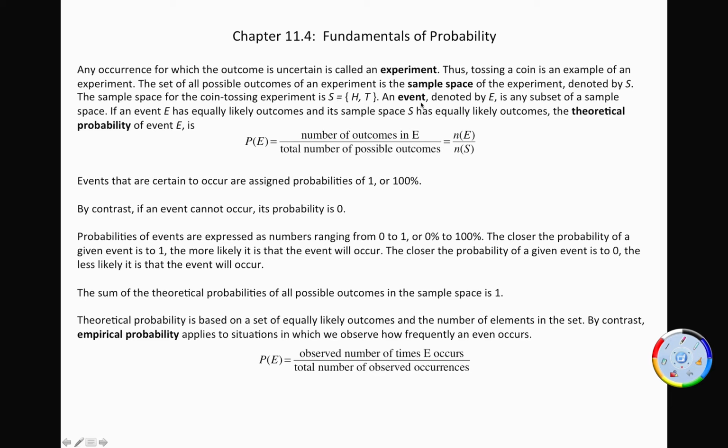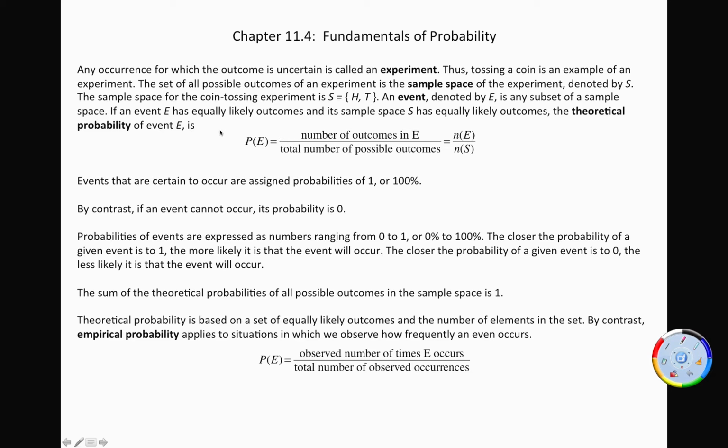An event, which is denoted by a capital E, is any subset of a sample space. So the events for tossing a coin would be the event that you could get a head or the event of getting a tail.